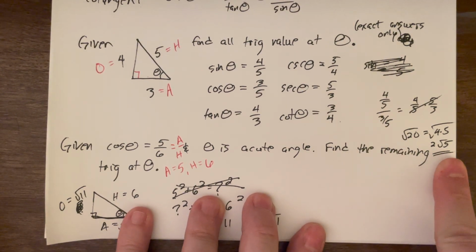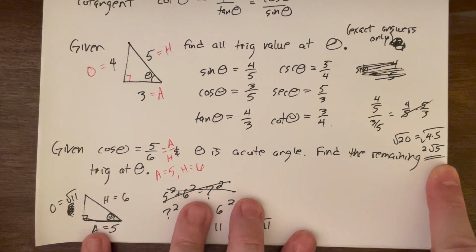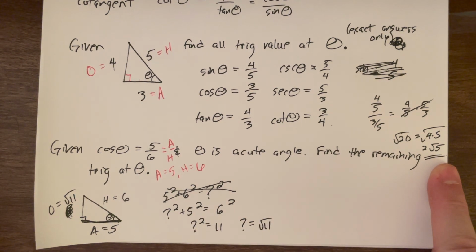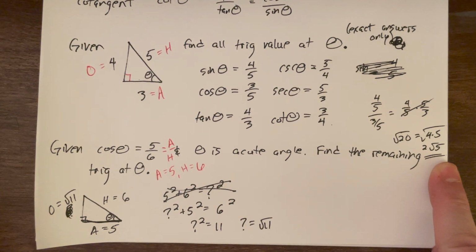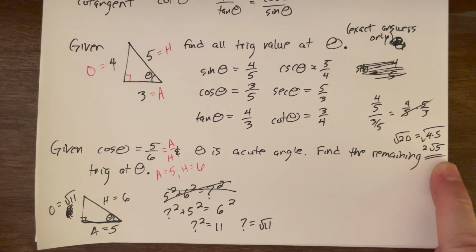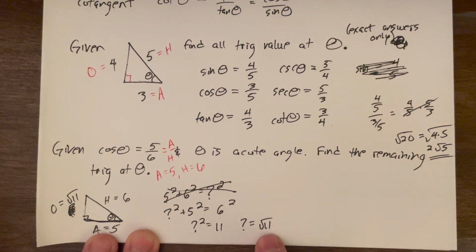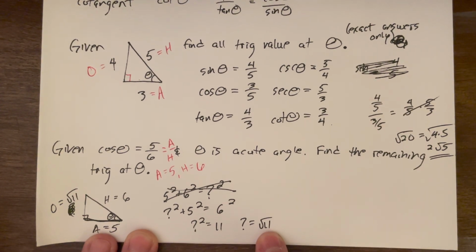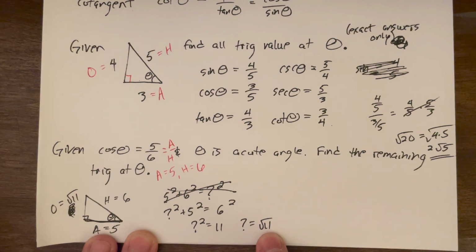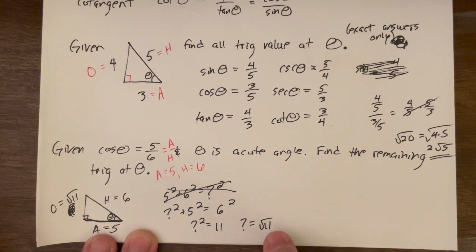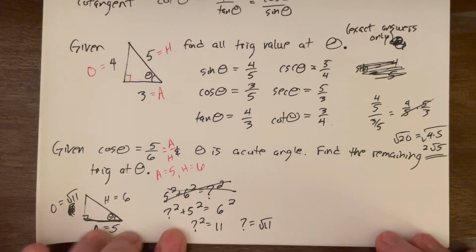The book will definitely do that as a part of its answers. If you forget to do that on a quiz or a test, that's going to be a minor mistake, like a -1 at most. But it's still a good habit that we want to get into. But 11, geez, 11 is prime, and it's not even that it's prime. It has no factors that are perfect squares, so that's as good as we're going to get.